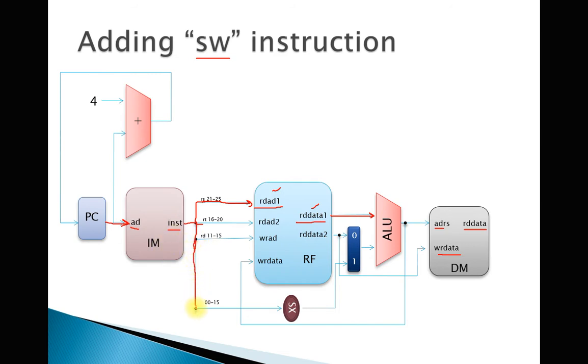Now we know that the data should be 32 bits, but we have the data from the index value, which is 16 bits. We have to sign extend this to 32 bits and pass that data on to the ALU. That data is summed up here and passed on to DM here.